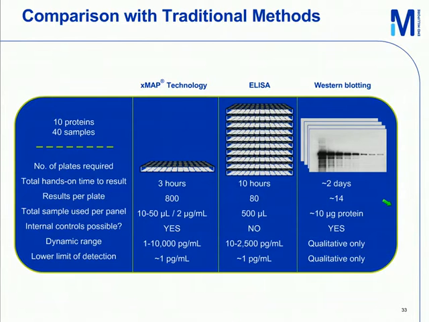So if you consider the number of plates or gels required and the total hands-on time that is required to study 10 proteins in 40 samples, looking in duplicate, you will see that multiplexing can give you the highest number of quantitative results in the shortest amount of time and in the smallest sample size. In addition, multiplexing has a greater dynamic range, with lower limits of detection similar to ELISA's.